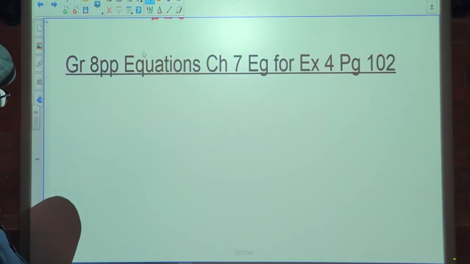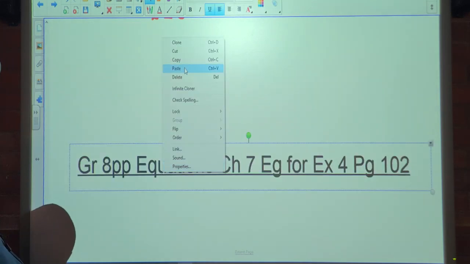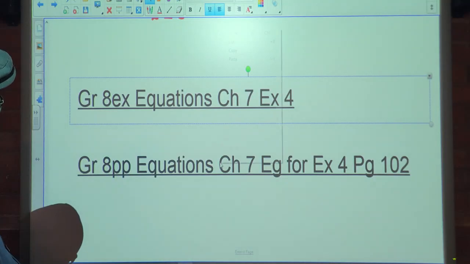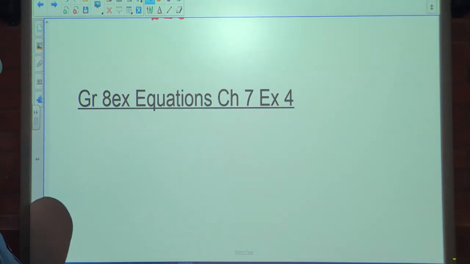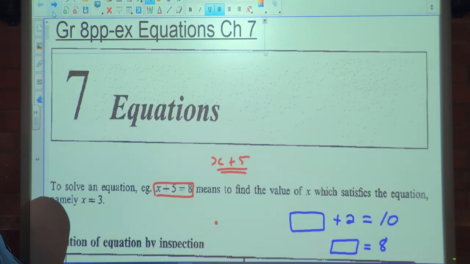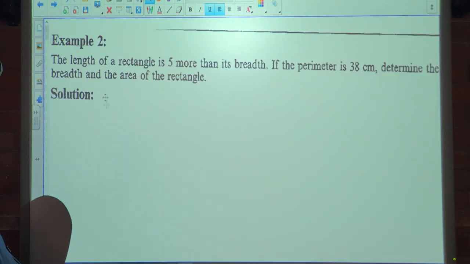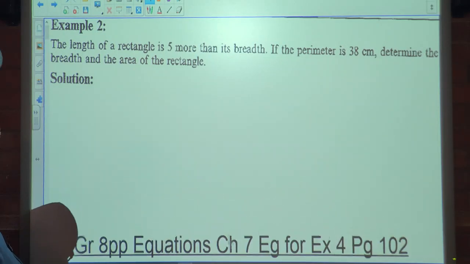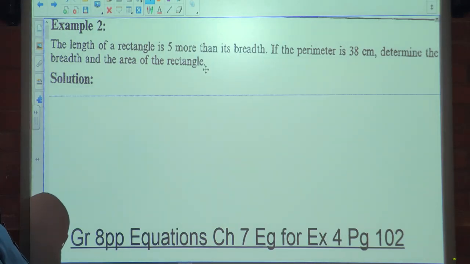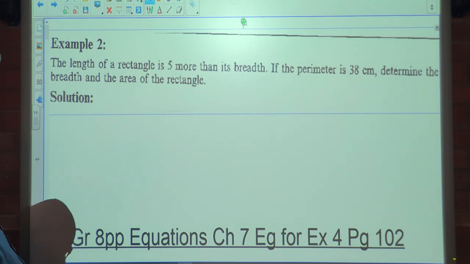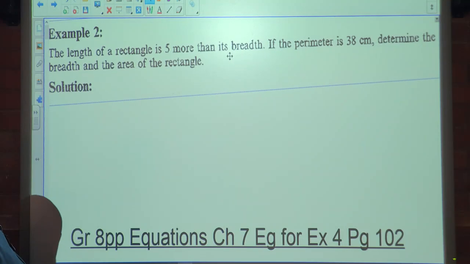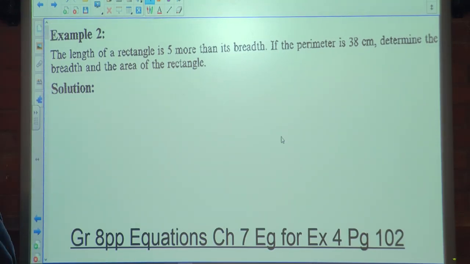So the next one, number 2. In number 2, we are told that the length of a rectangle, it's still skewed, okay, but anyway, the length of the rectangle is 5 more than the breadth.